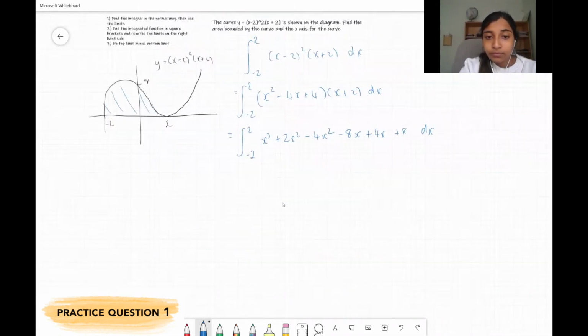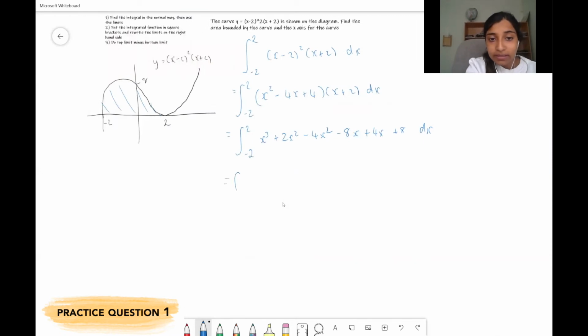And then we want to further simplify this and collect the like terms. So we'd have x cubed, 2x squared minus 4x squared, that's minus 2x squared, minus 8x plus 4x, so that's minus 4x, plus 8 dx.